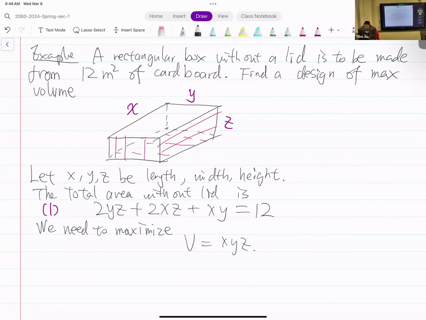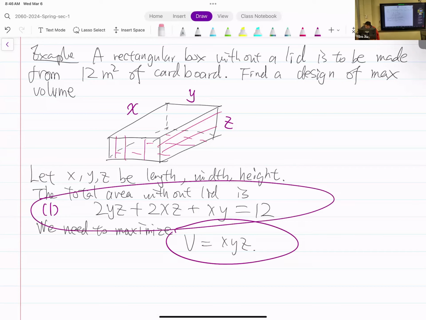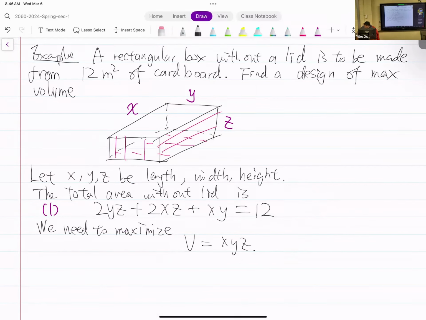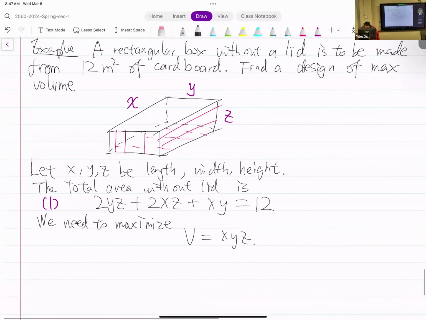But at the moment, we don't really have a good way to solve this kind of constrained problem. This is the objective that you want to maximize. Equation 1 is the constraint. Later, we will learn a method called the Lagrange multiplier method. But here, we solve from equation 1 a relationship, and then we substitute into the objective.